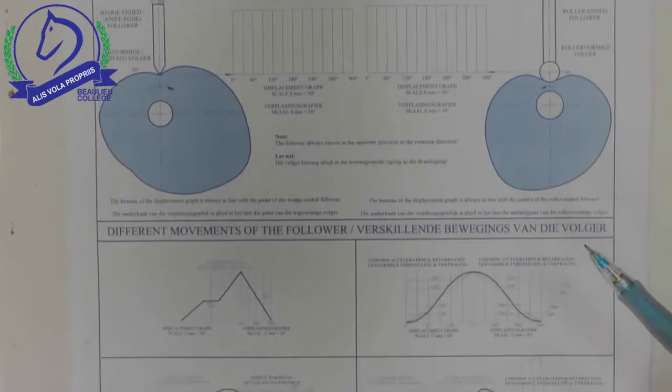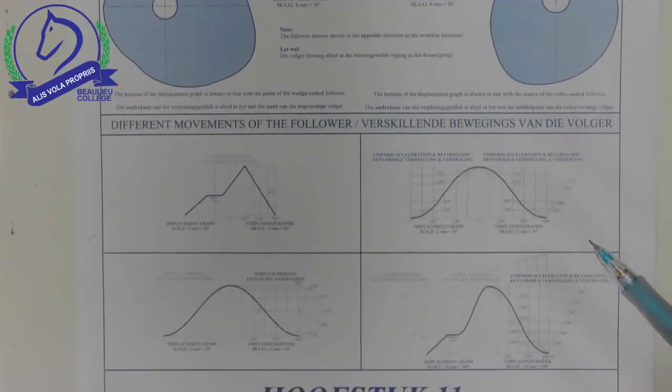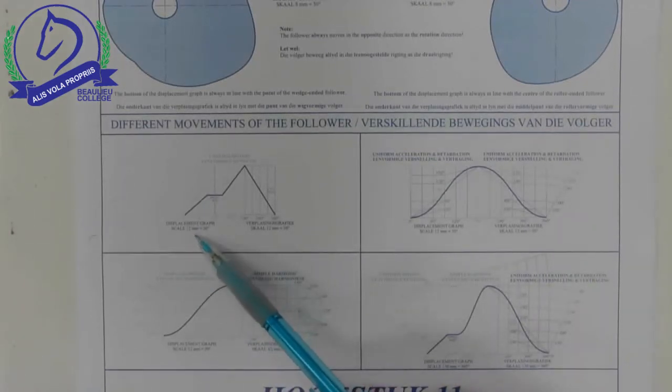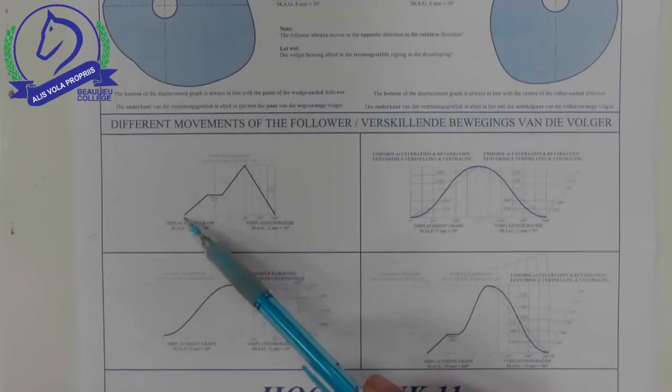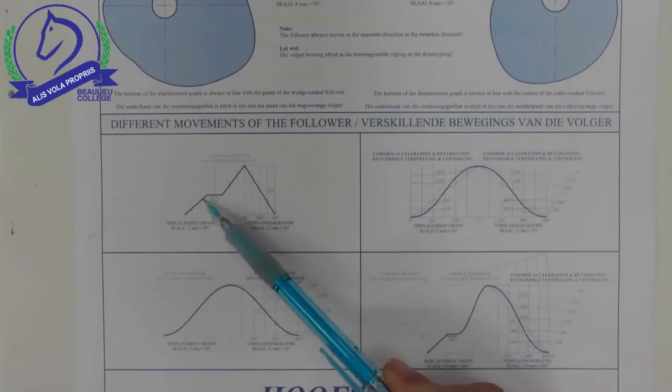If we look at the different types of motion that you can get on the follower, this one is uniform motion. So they could tell you that over 90 degrees this moves a certain distance, and you would then plot it just with a straight line.